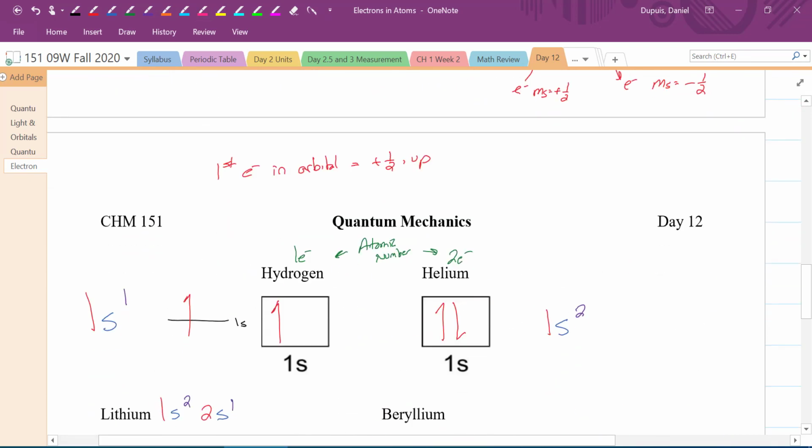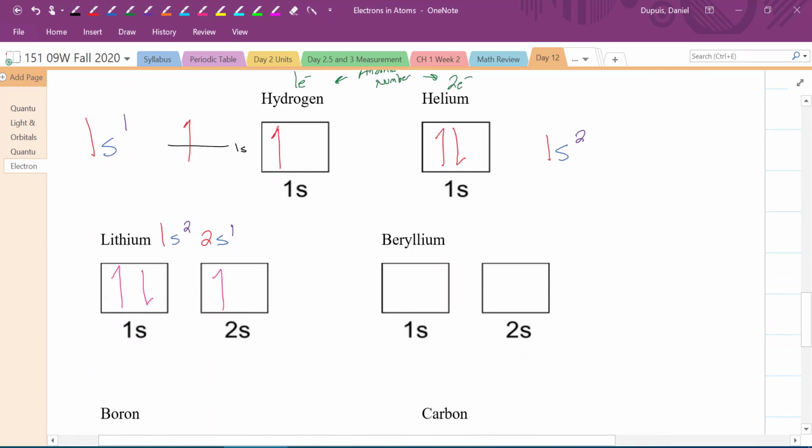So beryllium is going to be 1s2, and then it's going to be 2s2.